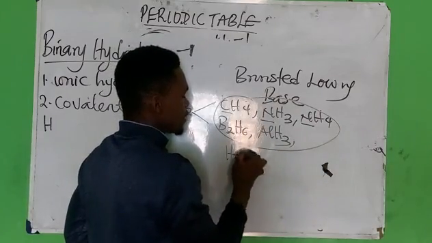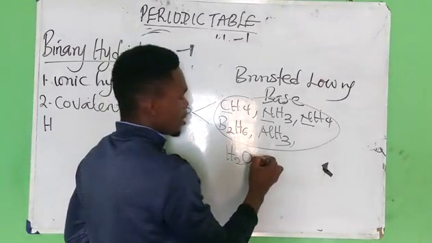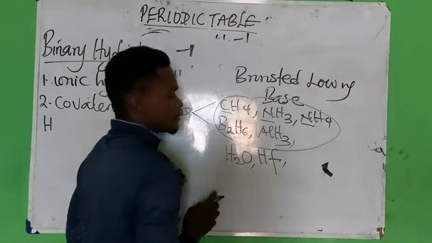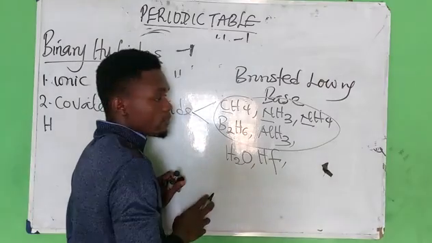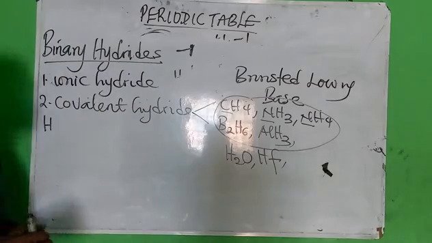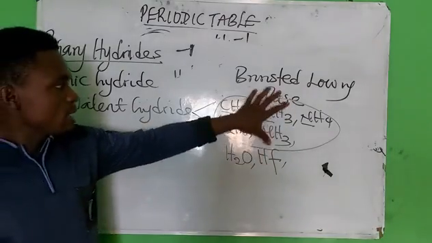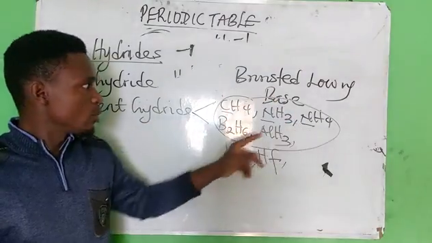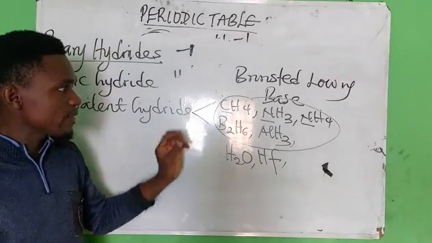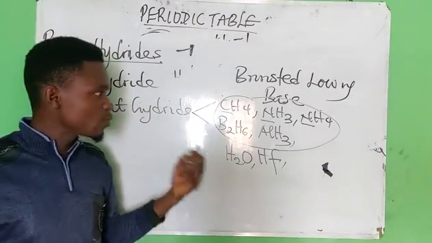Water too is covalent, is that not correct? Hydrogen sulfide and hydrogen fluoride are covalent, right? Now, from what I have given us, all of these are covalent compounds. You see now that they combine with less reactive elements.